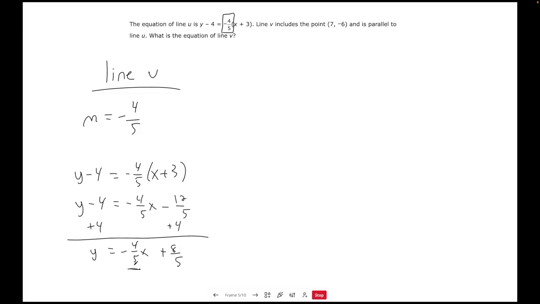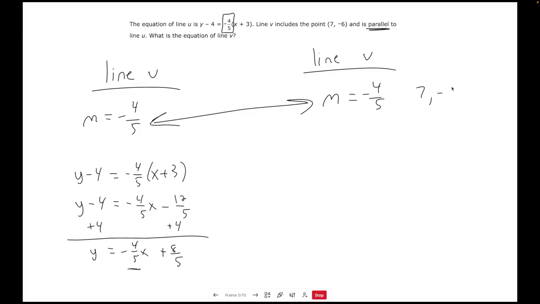And now for the other line that they give us, line V, they are parallel, which means that these slopes will be exactly the same. So this slope will also be -4/5. And now we have our point, and now we just do what we did before, plug in our numbers, and solve. Okay, change this to a plus.